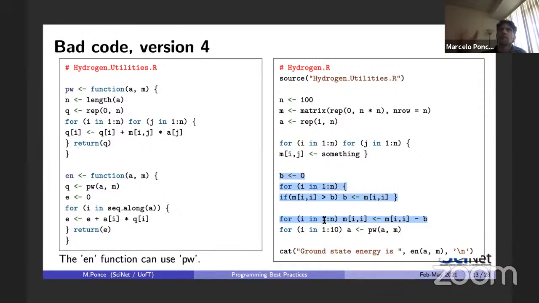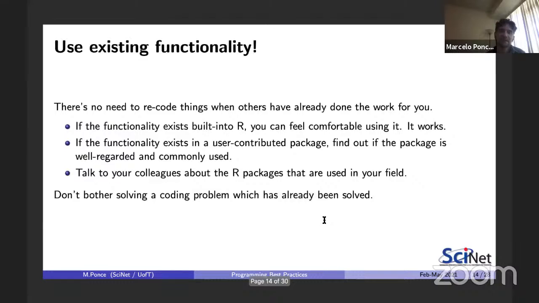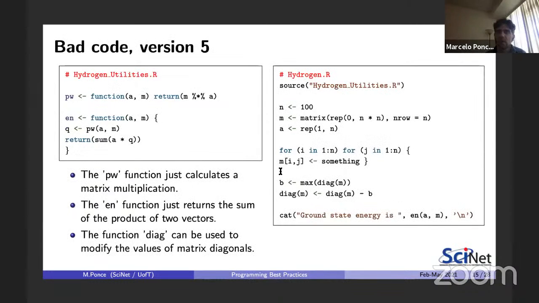You know that the diagonal in the representation of the eigenstates represents, in this case, the maximum eigenvalue of the system, the one that governs the behavior of the system. That's exactly what it's doing here. It gets the maximum of the elements in the diagonal, and then subtracts that element from all the elements in the diagonal. That's the simplification using the diag function that is offered for matrices.